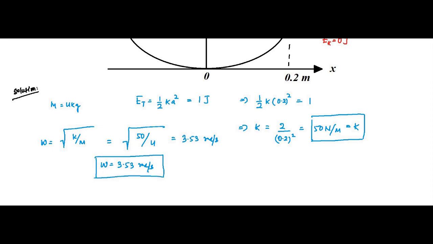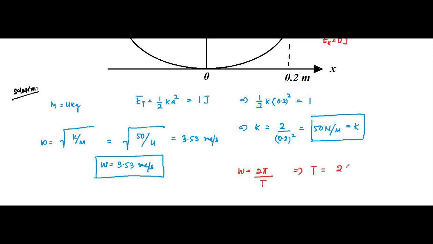Then we know that angular frequency is equal to 2 pi by capital T, where capital T is the time period.